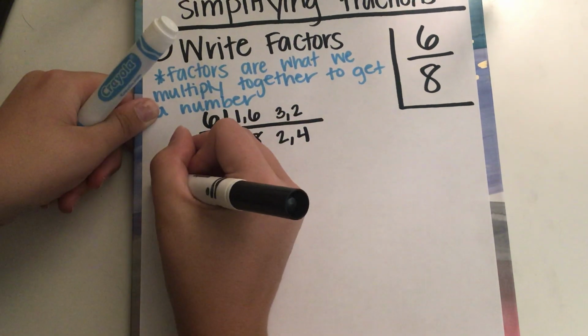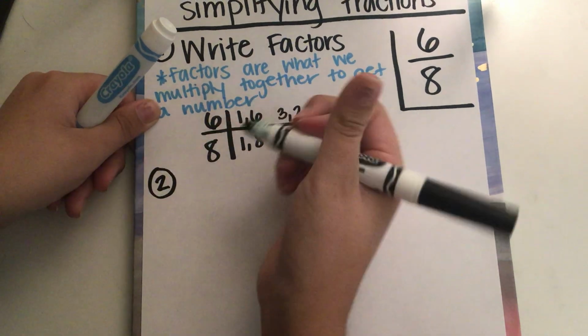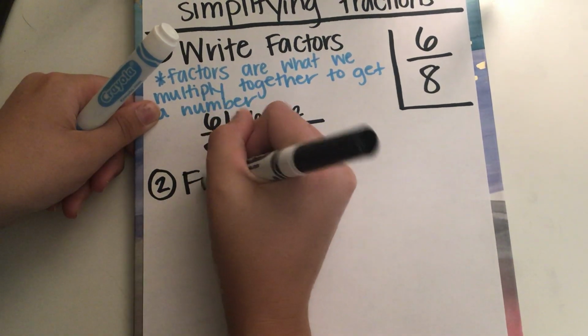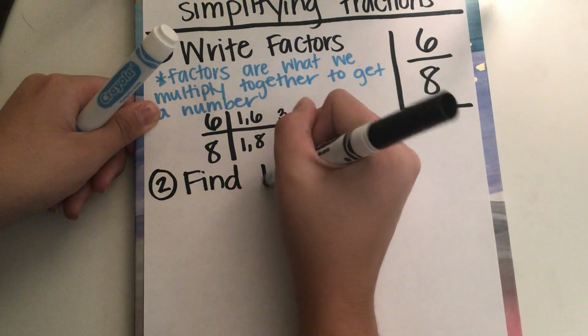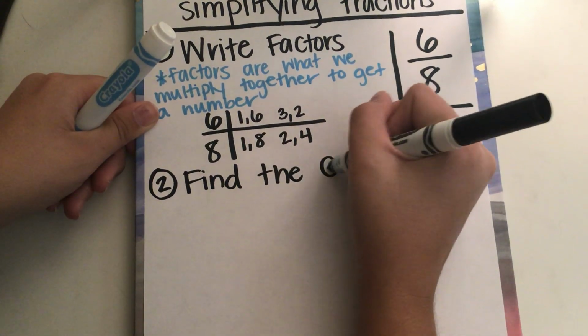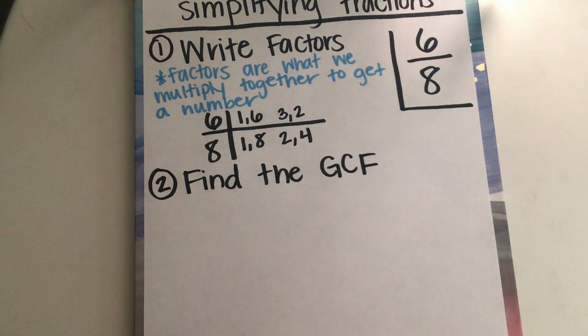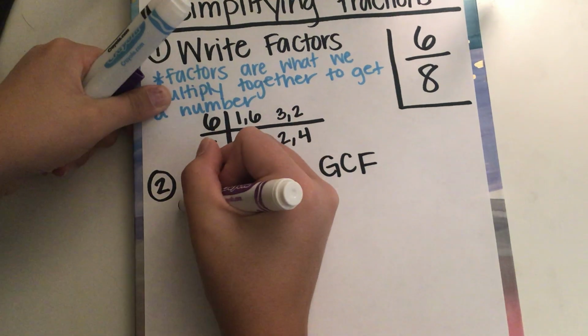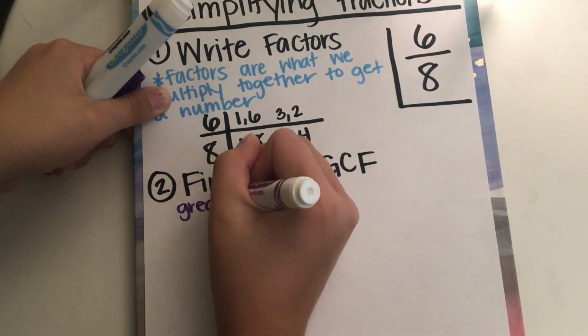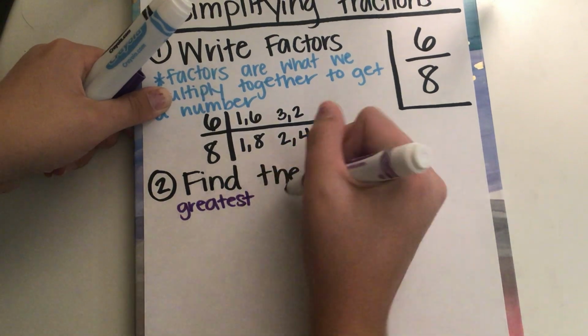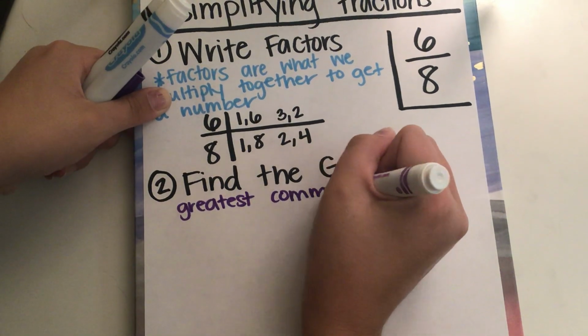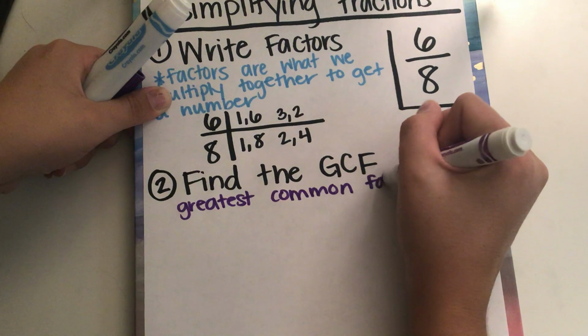Step number 2 is to find the GCF. That is an acronym that we have not been very familiar with yet this year. The GCF is the greatest common factor.